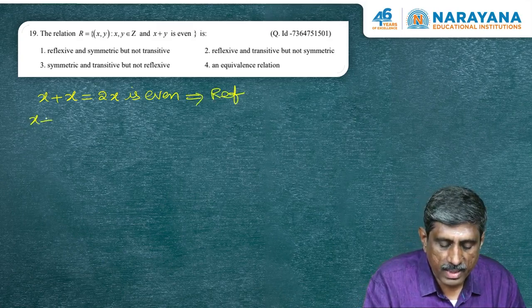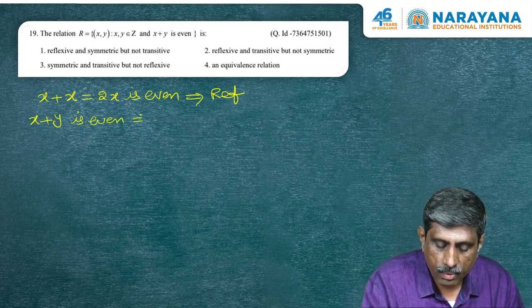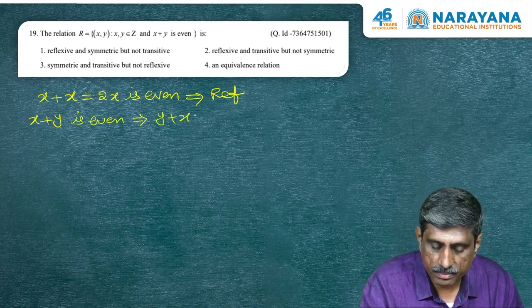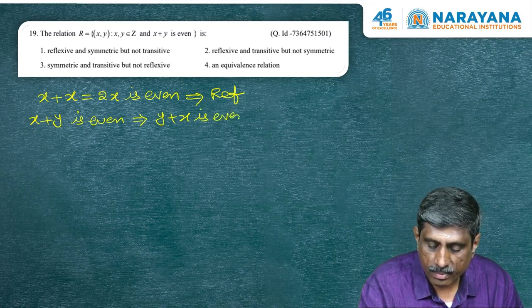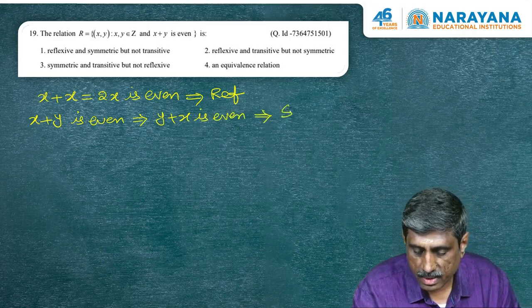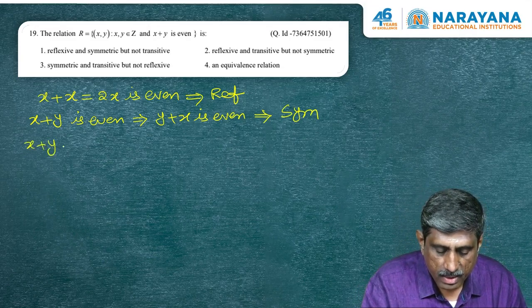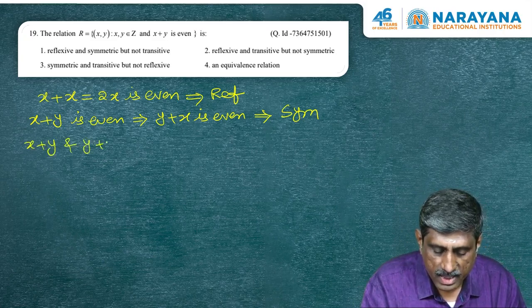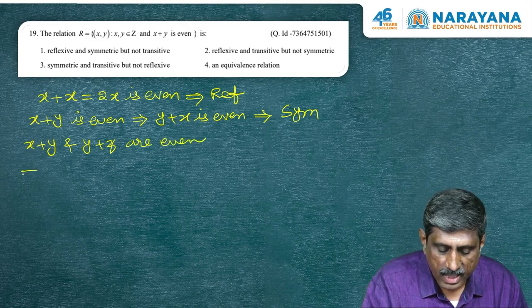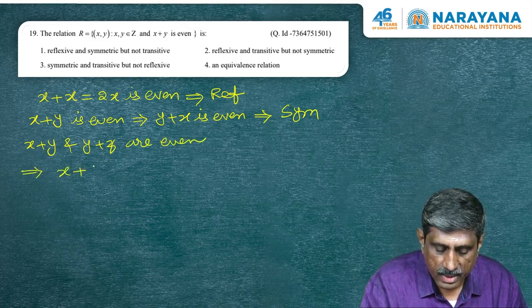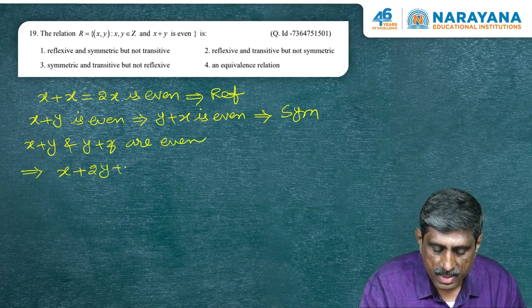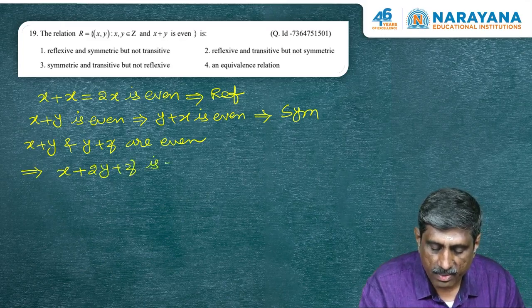And when x plus y is even, clearly y plus x is also even. Therefore, the relation is symmetric. And when x plus y and y plus z are even numbers, clearly when you add both of them, we get x plus 2y plus z is going to be even, and 2y is also even.